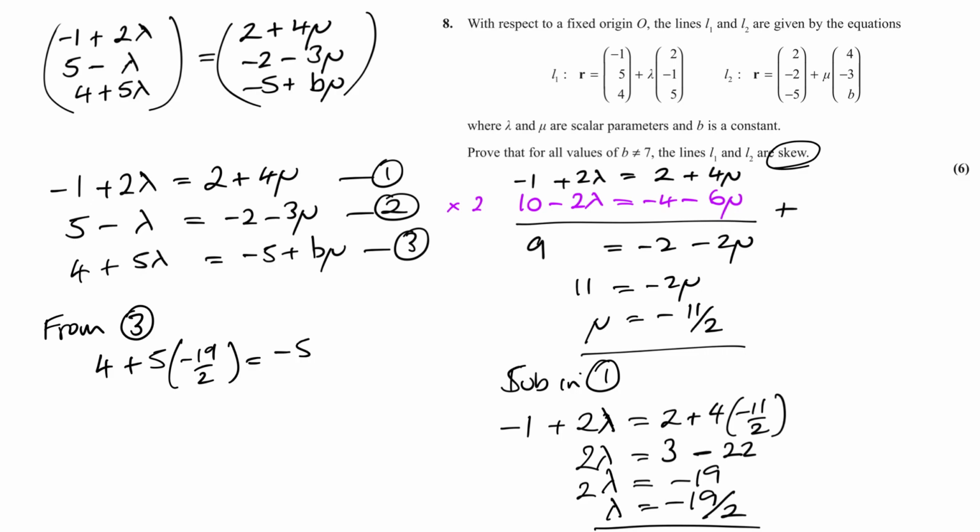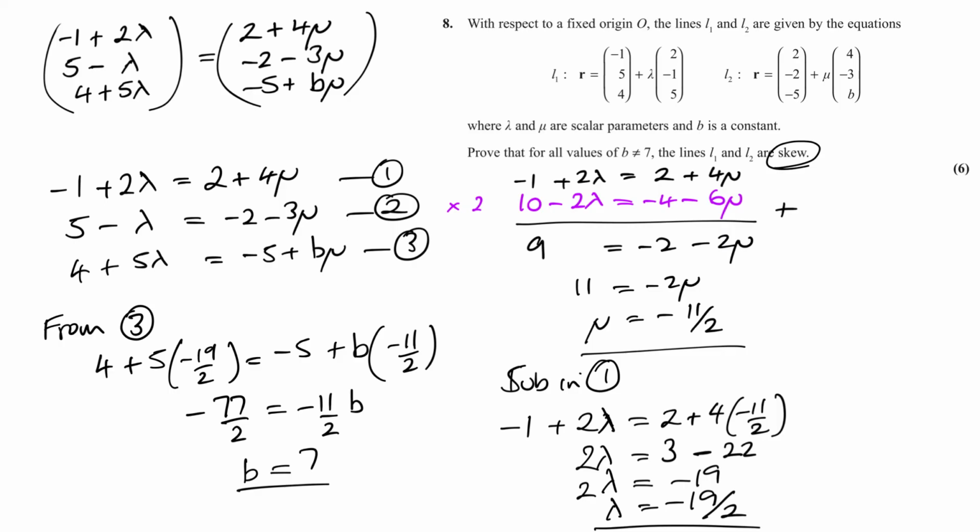Equals minus 5 plus b lots of minus 11 over 2. And now we just need to do a little bit of sorting out here. And we get minus 77 over 2 is equal to minus 11 over 2 b. And then this gives me that b equals 7.